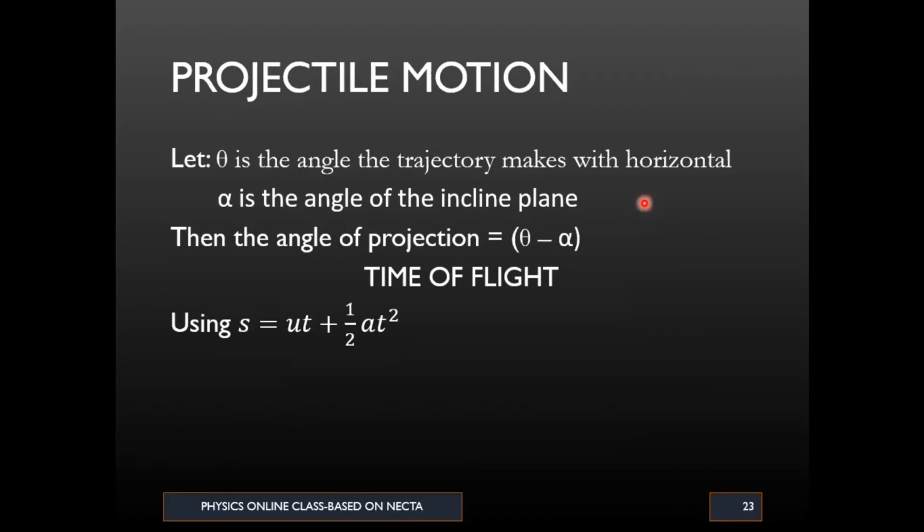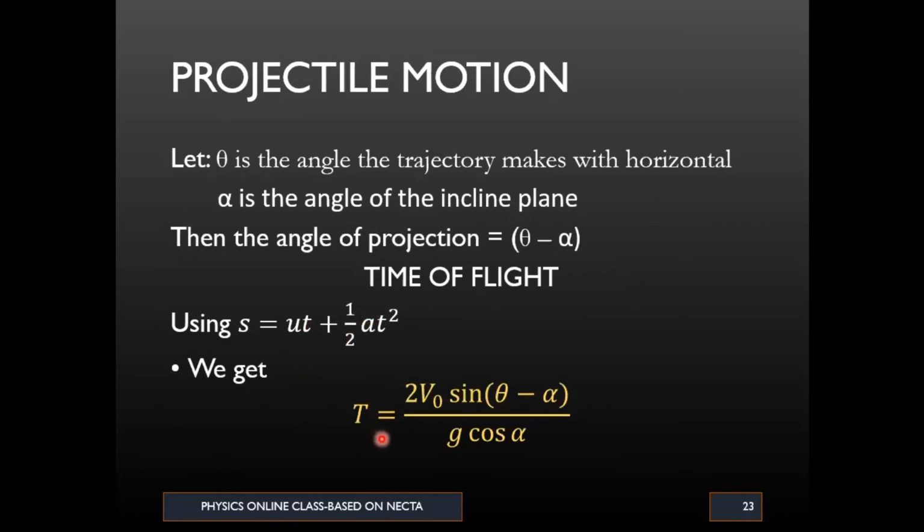We use the equation s is equal to ut plus a half at square to get the time of flight. After solving this equation, we are going to get t is equal to 2 v naught sine of theta minus alpha divided by g cos of alpha.